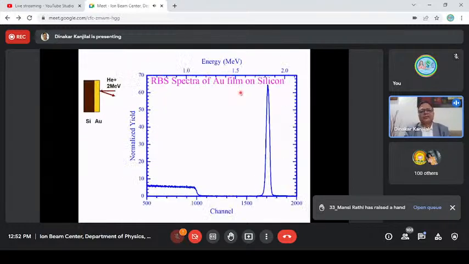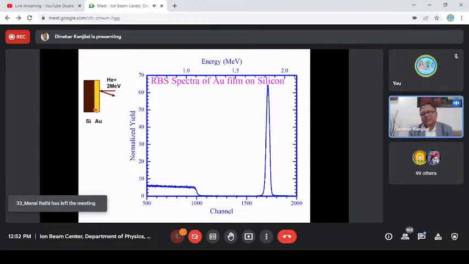So for example, if you put gold on silicon and want to study its thickness, one way is to cut it and look at it, but cutting precisely at sub-nanometer scale is difficult. It is a rough estimate. If you use a stylus, the accuracy is very low, and the material is destroyed.